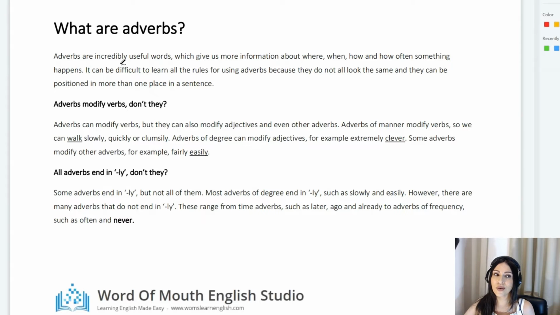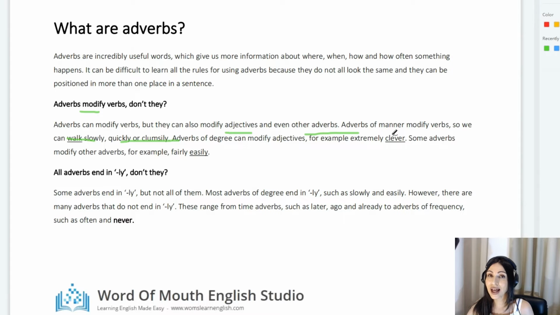Do adverbs only modify? Is that their only job? Absolutely not. Adverbs can modify verbs, but also adjectives and other adverbs, as we'd seen in our last video. We have adverbs of manner that modify verbs, so we can walk slowly, we can walk quickly, or we can walk clumsily.